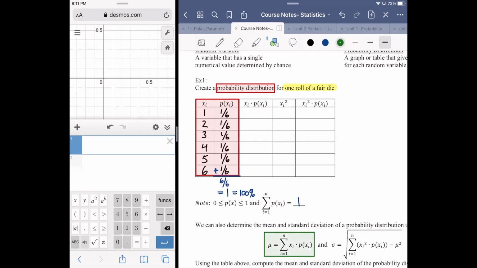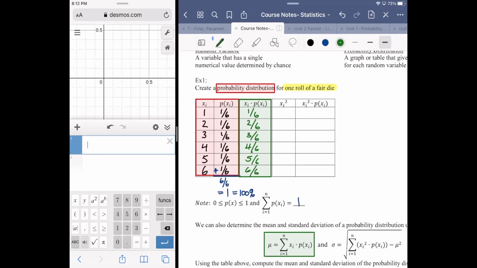That's a formula that'll help us find the mean, but all that amounts to is taking the sum of the column x times P of x. So I'm going to multiply across: 1 times 1/6 is 1/6, 2 times 1/6 is 2/6, 3/6, 4/6, 5/6, and 6/6.